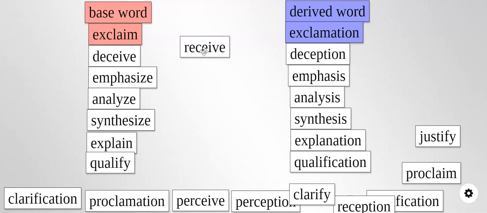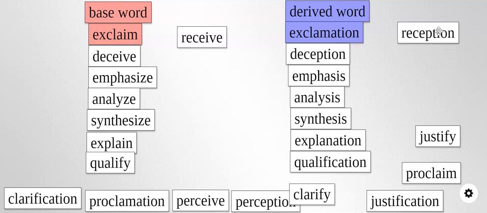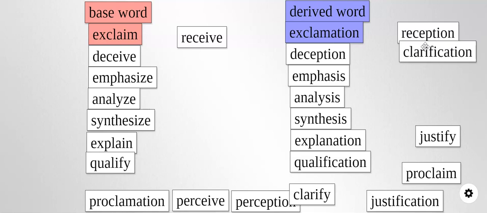Receive. That is a base word. And the base word receive can get changed into the word reception. Clarification is a derived word, and that comes from the word clarify.